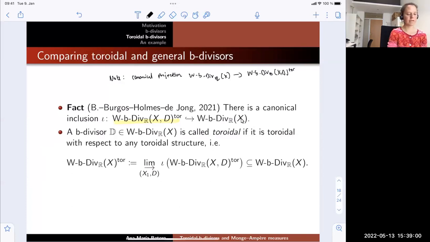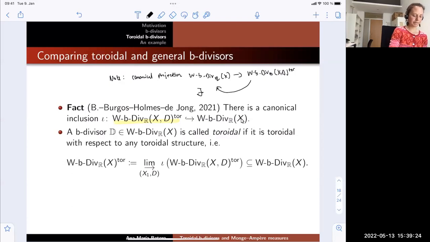Yeah, because the toroidal modifications are contained in the set of all modifications. So this projection is canonical. But the thing is that there exists a section, and this was not clear to us how to do.